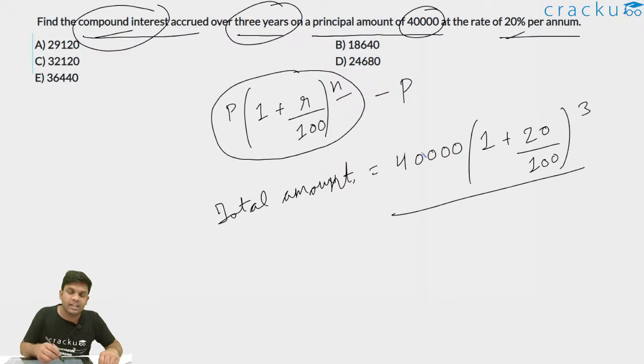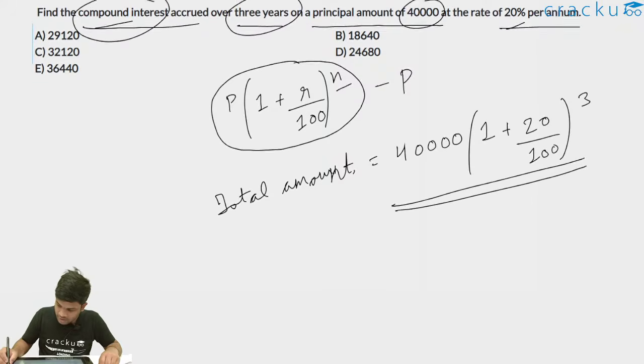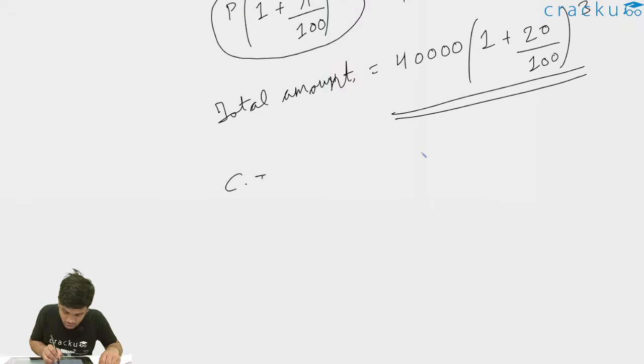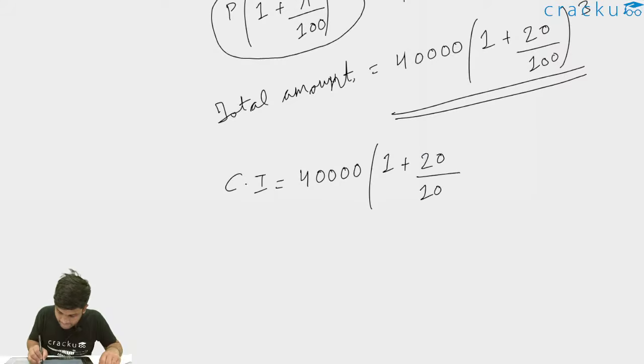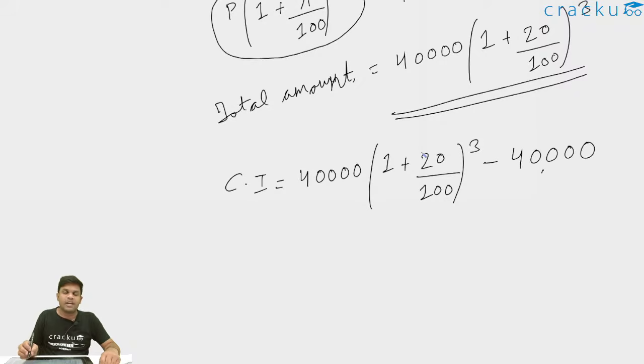Now to find only the compound interest part, we will subtract the principal from this. So the compound interest that we got is 40,000 into (1 plus 20 by 100) cube minus 40,000. Okay. So we have to subtract the principal from the total amount to get the interest.